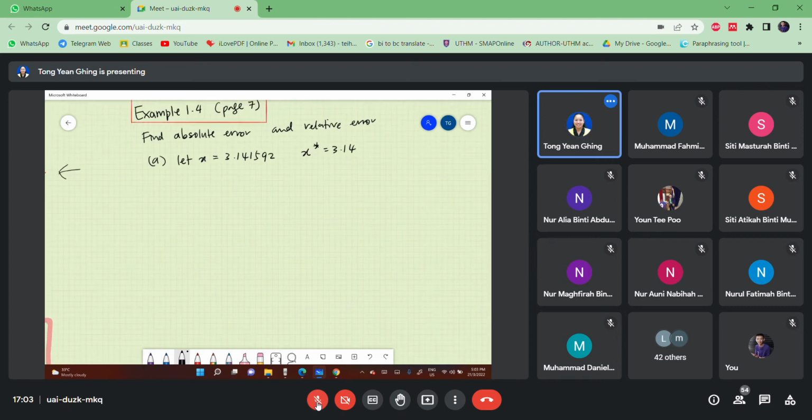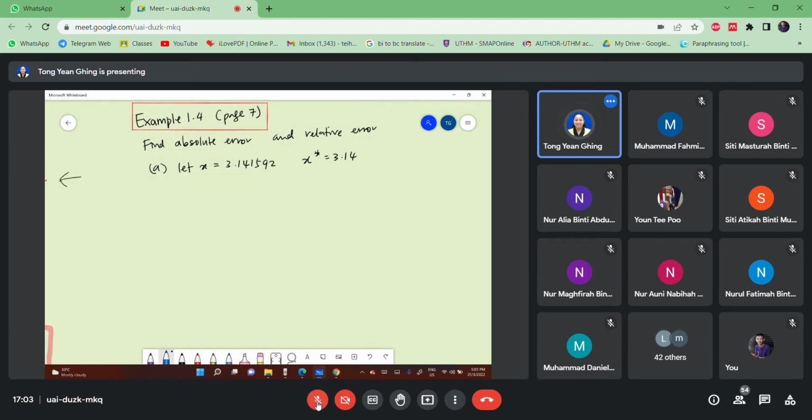A dulu. So this one, absolute error, using the formula just now. Okay, so absolute error, ini exact minus approximate. Kan? So 3.141592 minus 3.14.